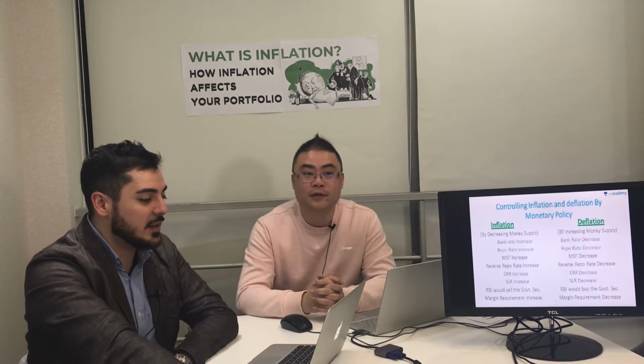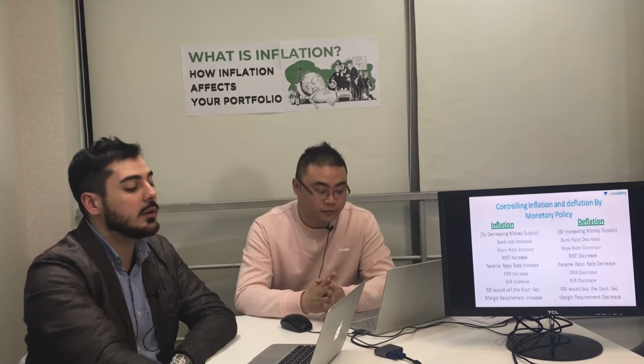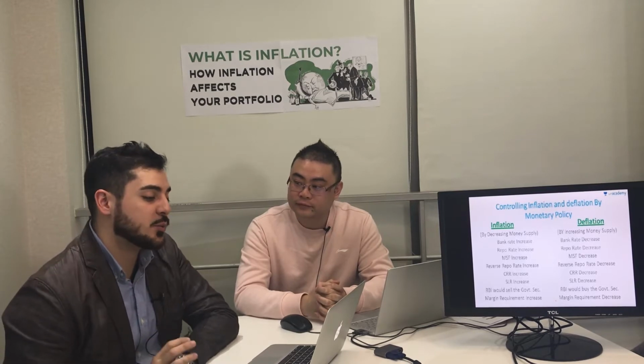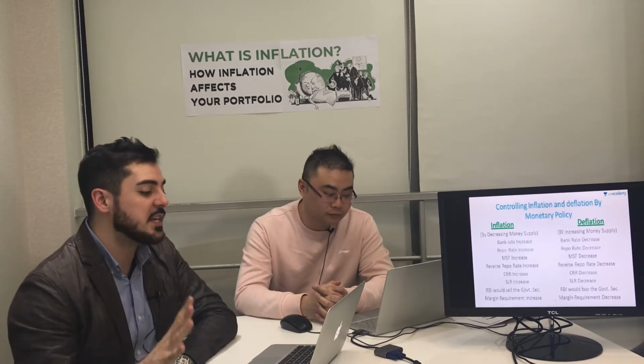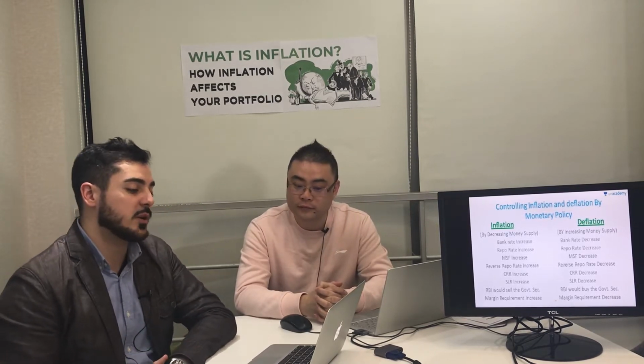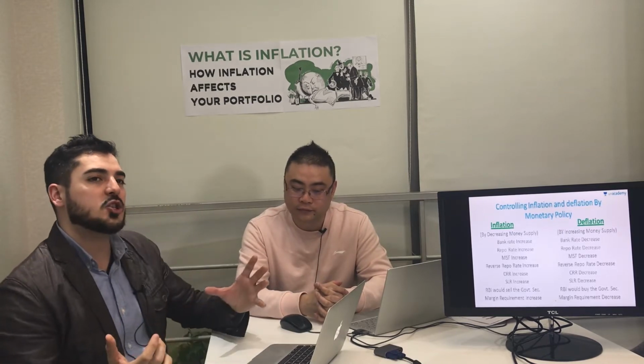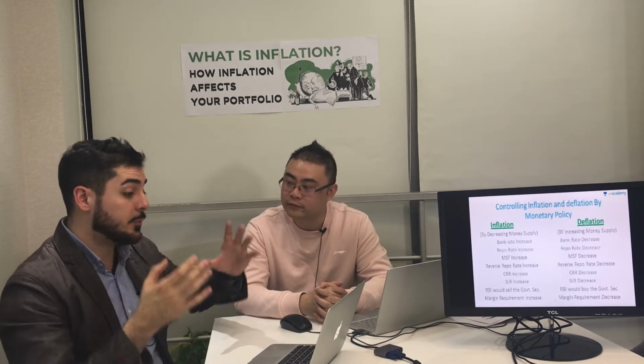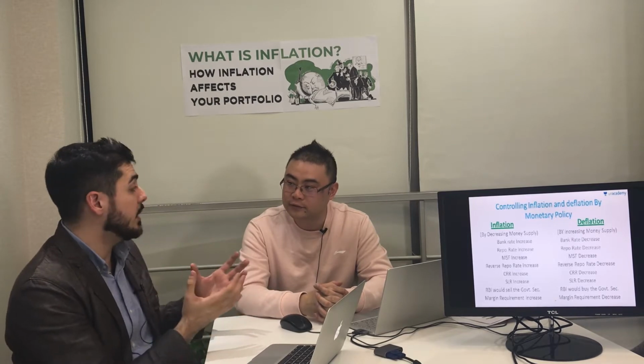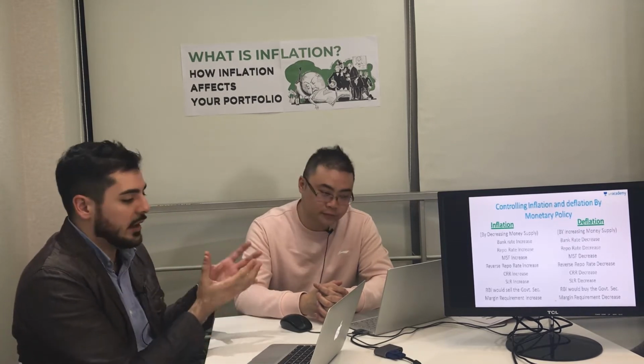Exactly. And the last one is called increase in cash reserve ratio, or CRR, cash reserve ratio. It's basically how much banks reserve in their storage, or at the bank.